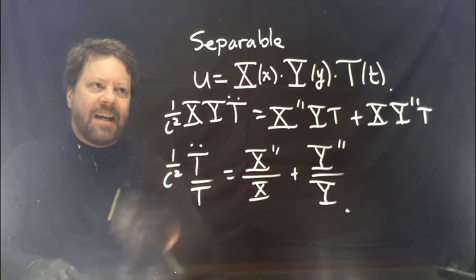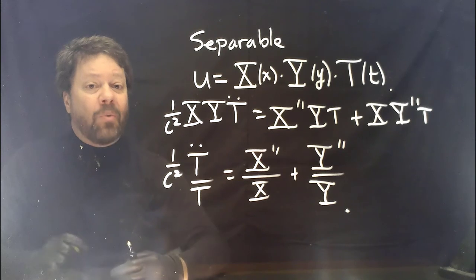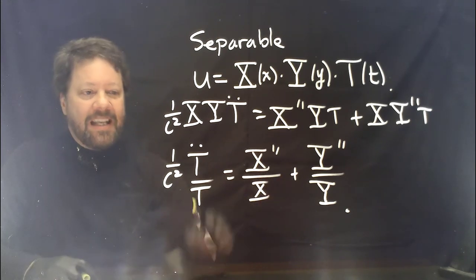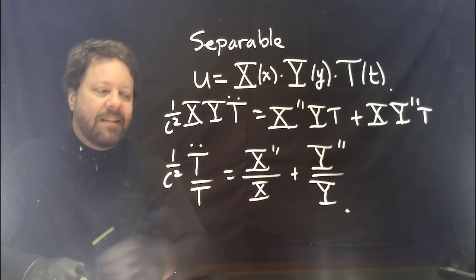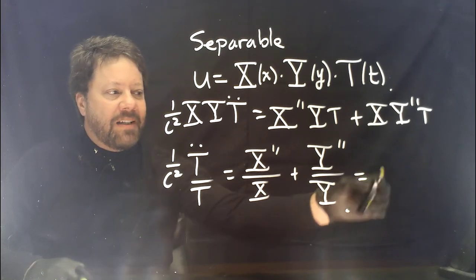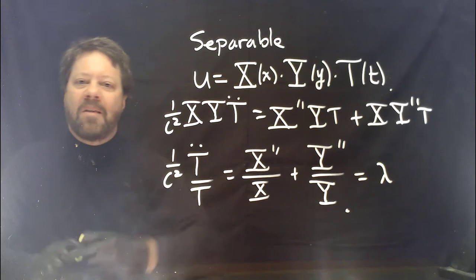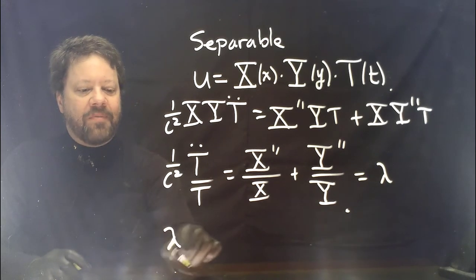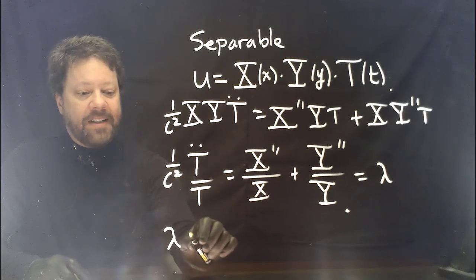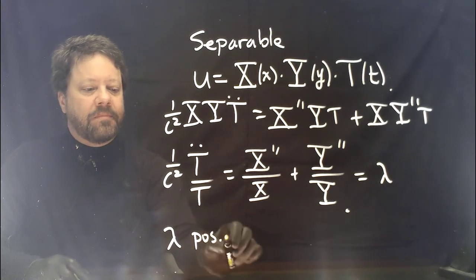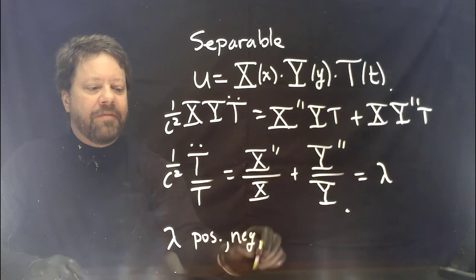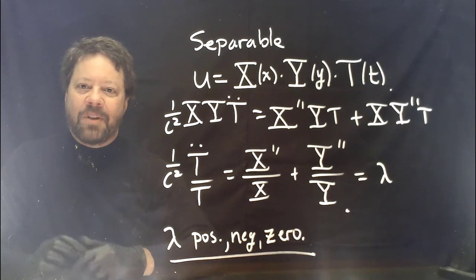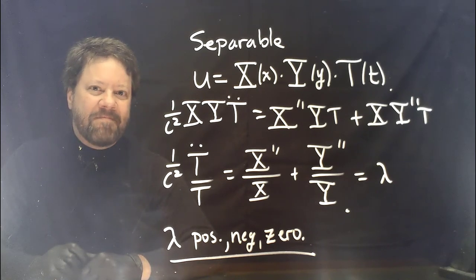The right-hand side depends upon both x and y. Since the right-hand side does not depend upon t, whereas the left-hand side does, we deduce that we get some kind of a constant. By trichotomy again, we have three choices. This could be positive, negative, or 0, and we need to explore all three possibilities.